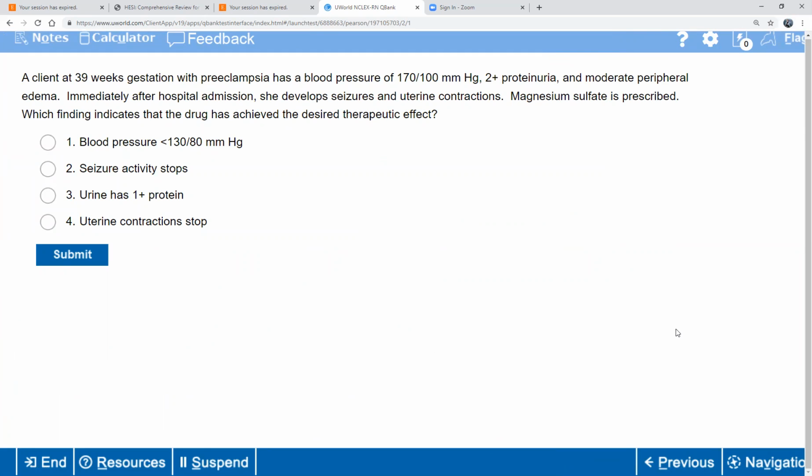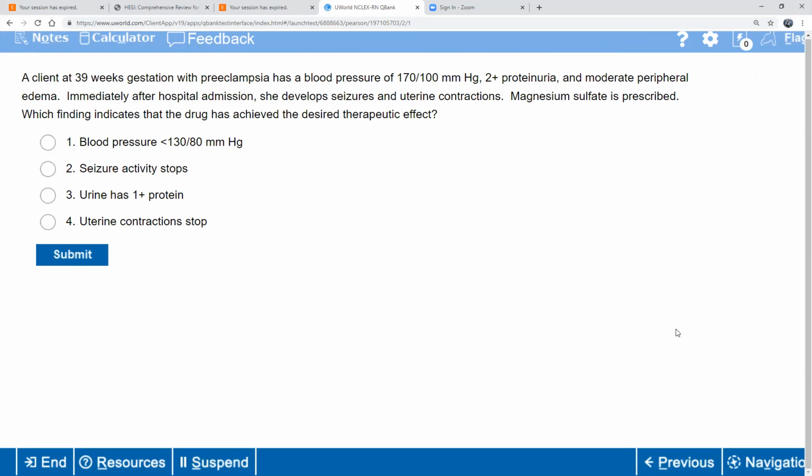Which finding indicates that the drug has achieved the desired therapeutic effect? Blood pressure is less than 130 over 80. The seizure activity stops. Urine has 1+ protein. Uterine contractions stop.